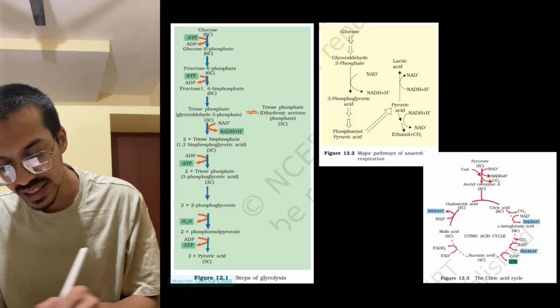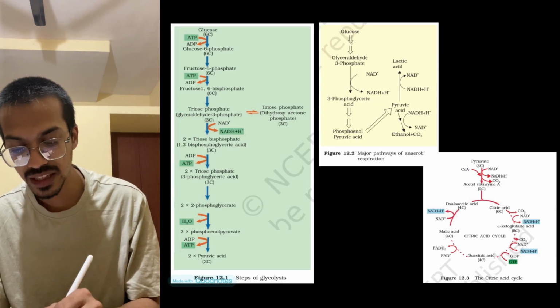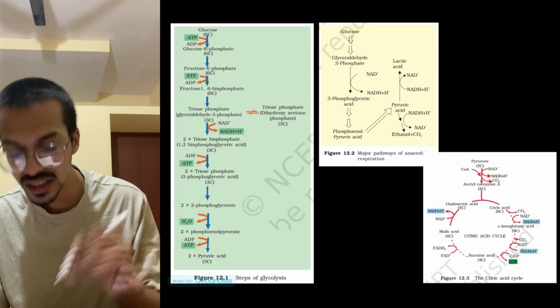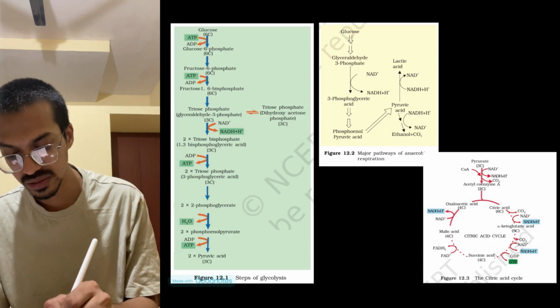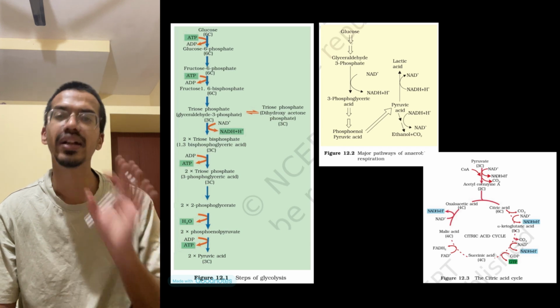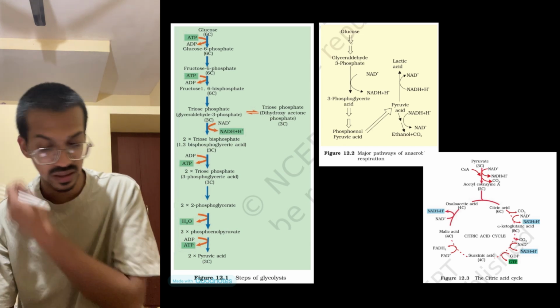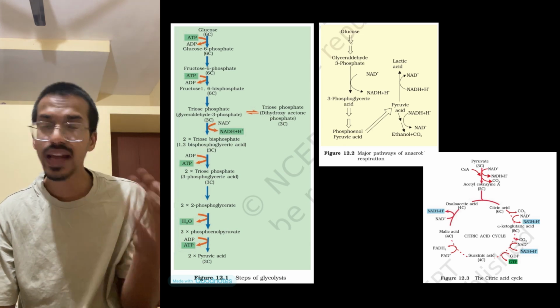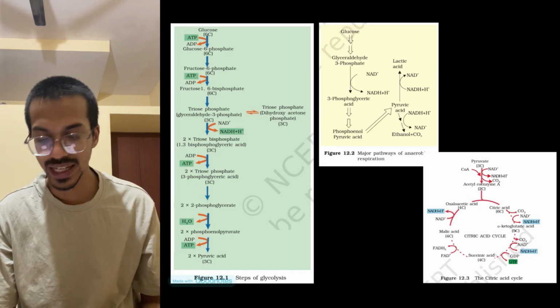Then in fermentation, two different ways are there. Either pyruvic acid makes lactic acid, using lactate dehydrogenase, or it can make ethanol and carbon dioxide, depending on the organism. Very little energy is released when fermentation takes place.